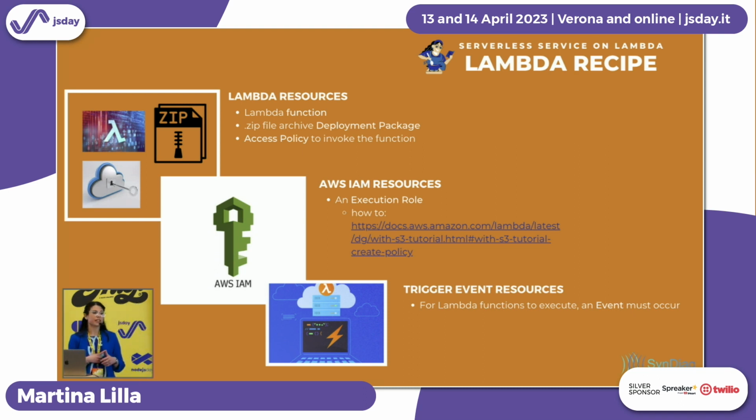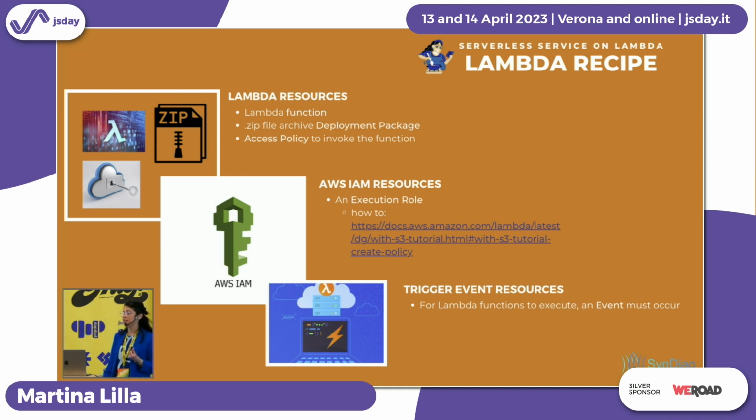First of all, we need Lambda resources, that are the Lambda function itself, and you can choose Node.js, Python, or Java for the function code. Then we need a zip file archive containing the deployment package, and we need an access policy to grant Amazon permissions to invoke the function.